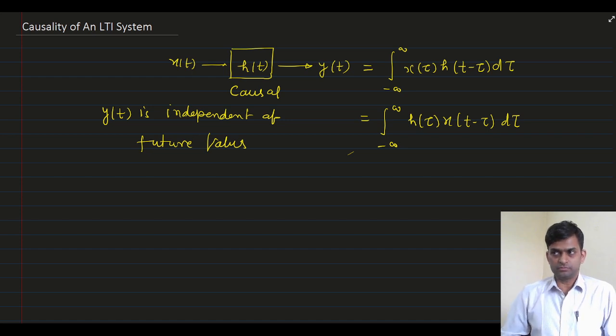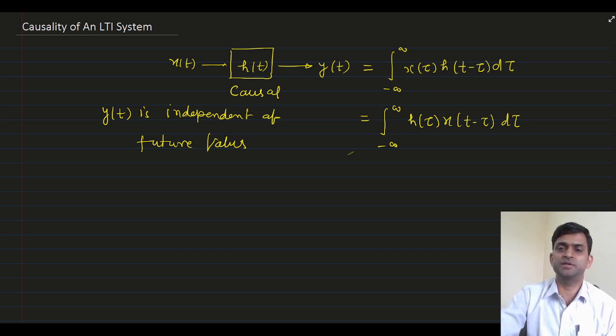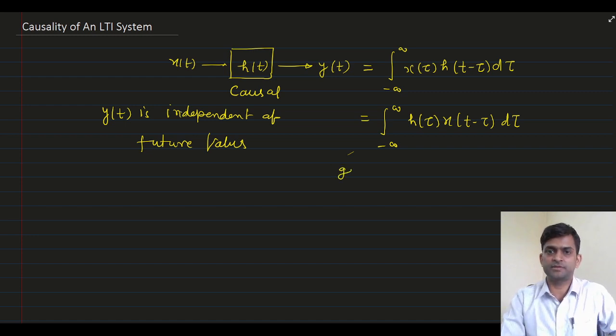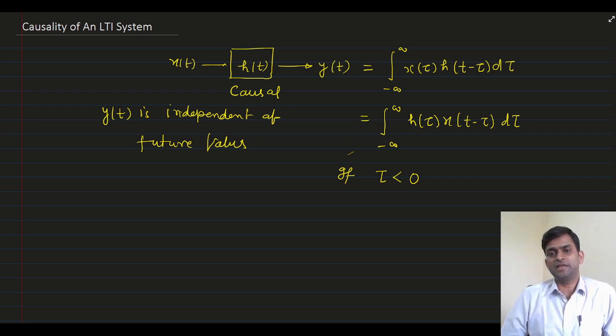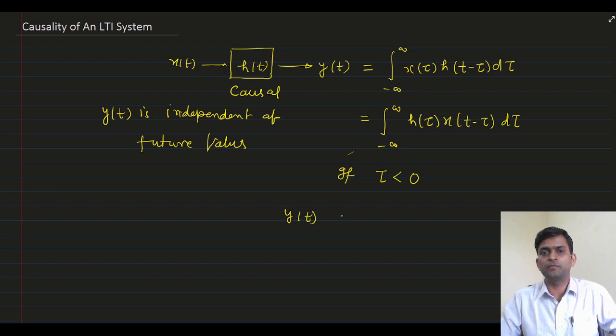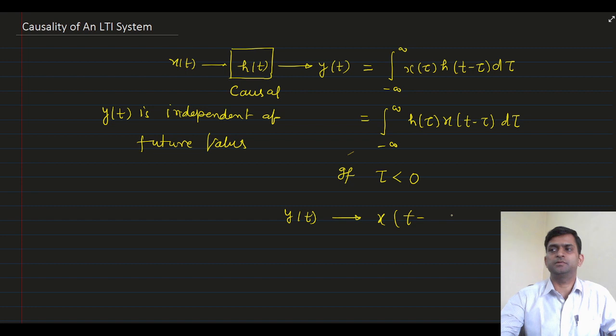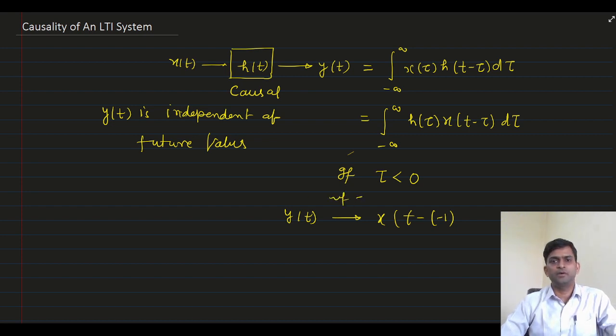If tau is less than 0, then the future values come in. For example, if tau equals minus 1, then y of t is dependent on x of t minus minus 1, that is x of t plus 1.